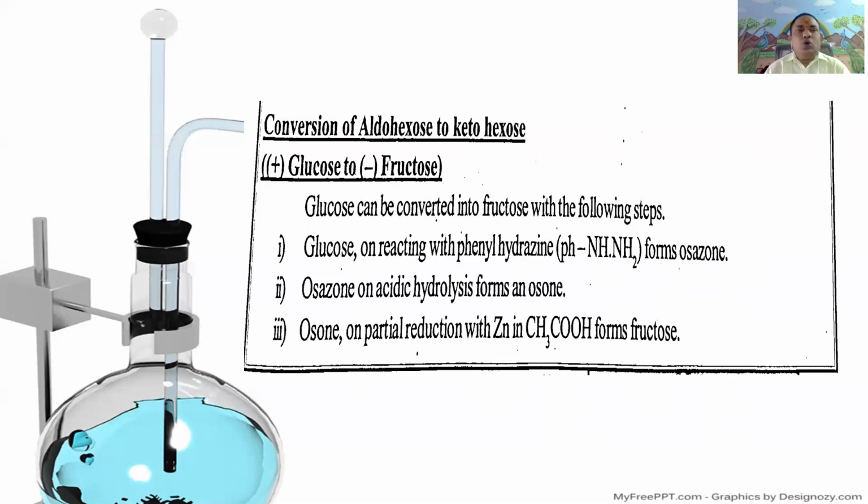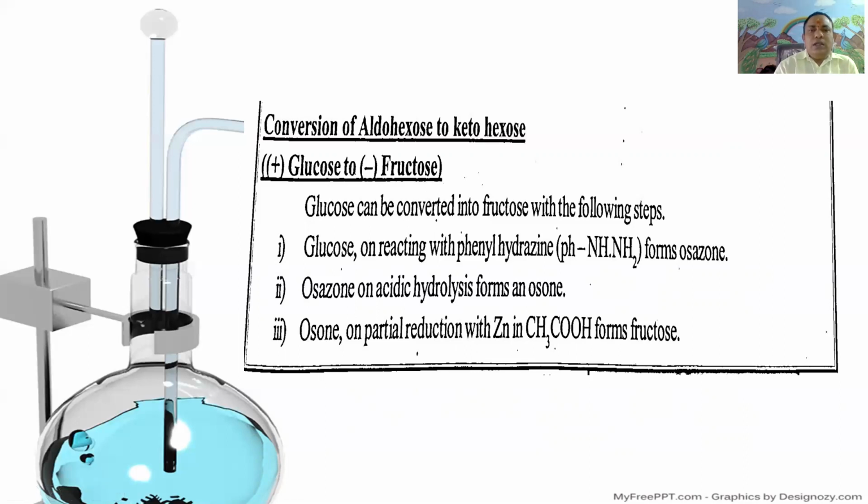Second step is glucosazone on acid hydrolysis to give osone. Third step, osone on partial reduction with zinc in acetic acid to form fructose.